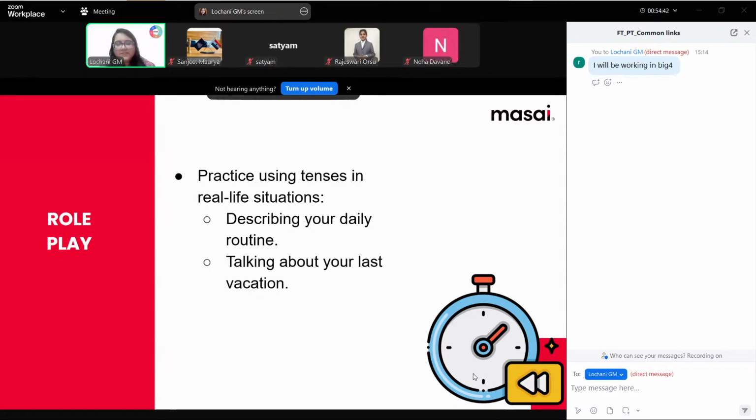Come on, guys, you can't be silent. I'm assuming you guys are typing, that's why you're all quiet. So let us see. At least send in your sentences on the chat. Come on. What did you do in your last vacation or in your last holiday?